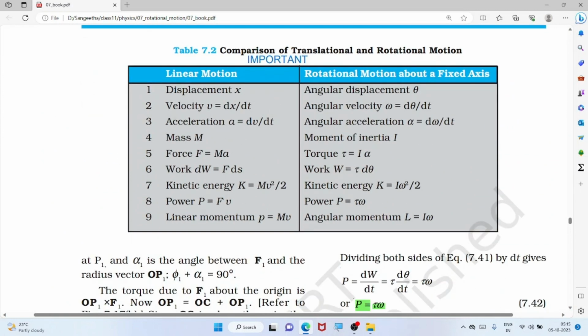These are the translational and rotational motion, a comparison of translational and rotational motion. These are the symbols, and displacement, angular displacement.